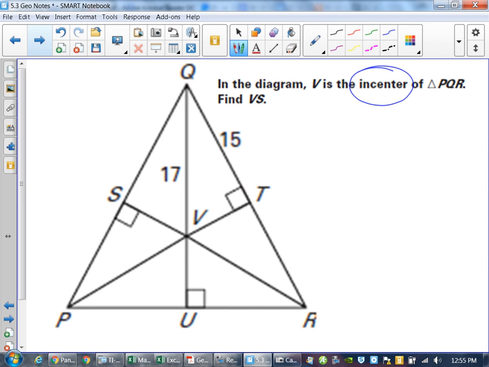When you have that, that means everything from the point to the sides are congruent and perpendicular. Well, they gave you all the perpendiculars. You just have to do this. So if I need to find VS, isn't that the same as finding VT or finding VU?